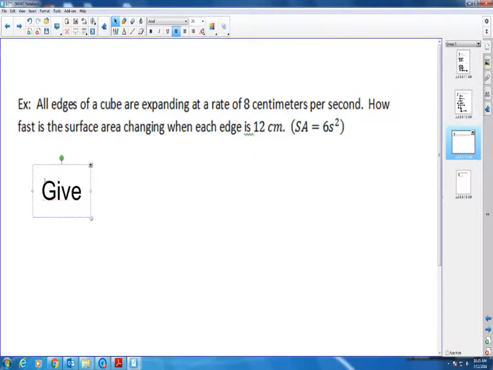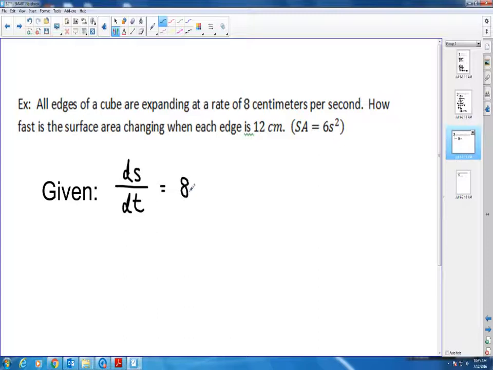So my given, I'm going to call the edges the side, s. The side with respect to time is expanding at the rate of 8 centimeters per second. Time is in seconds.